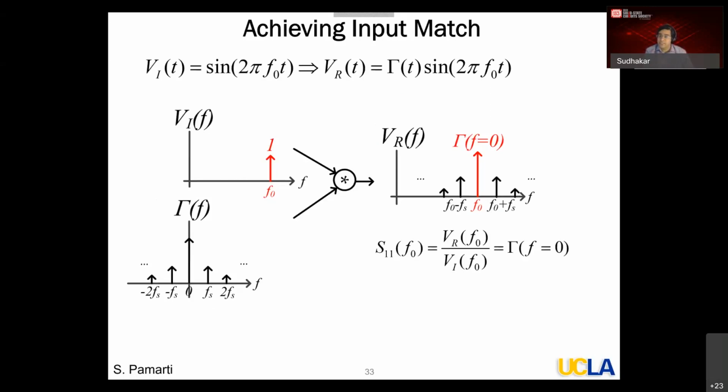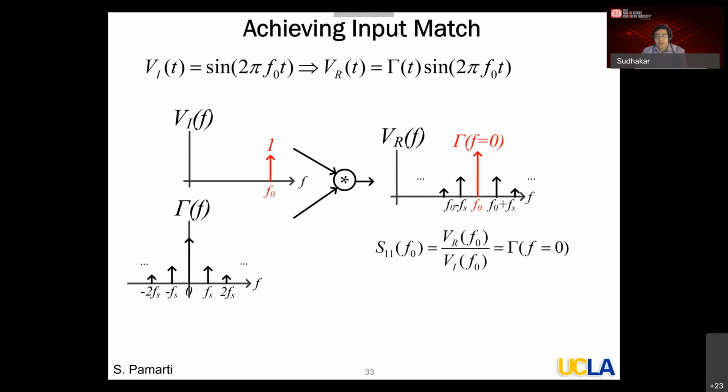Remember, Fs is the sampling rate required for a single channel. If it's a 10 megahertz channel, Fs is as small as 20 megasamples per second, which is much, much smaller than the LO frequency. Now, in the frequency domain, my input is a spike at the LO frequency. That's what I'm considering here.